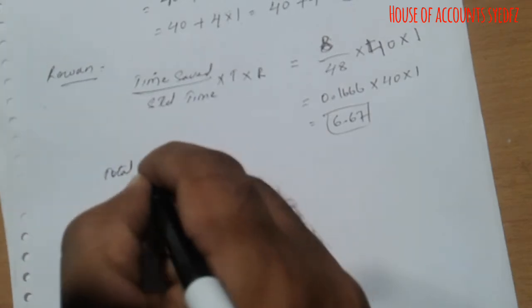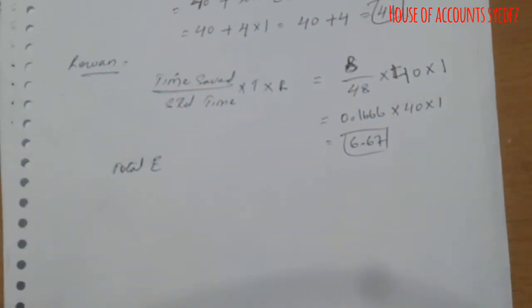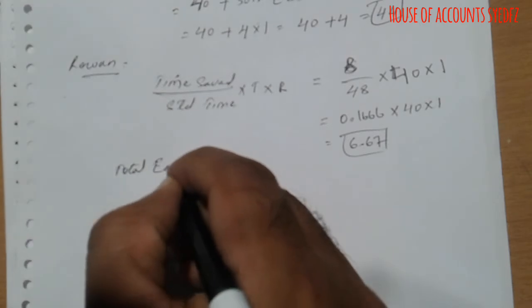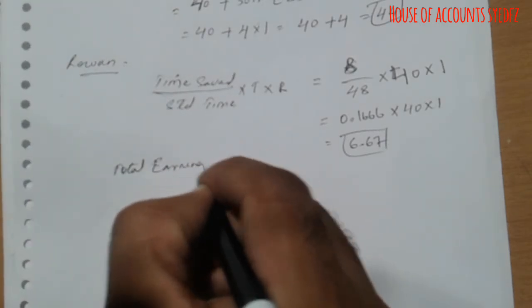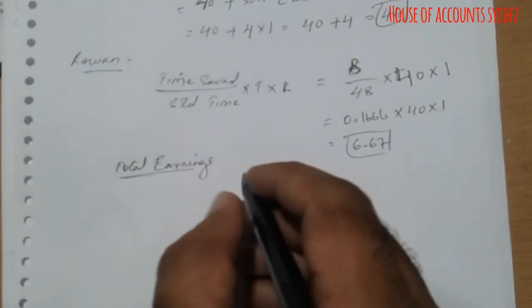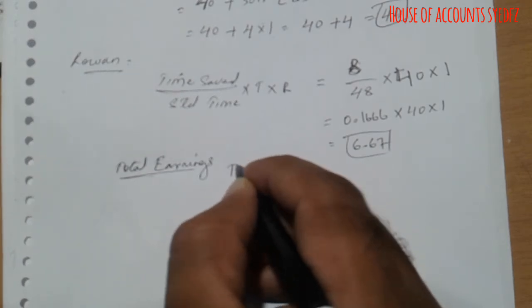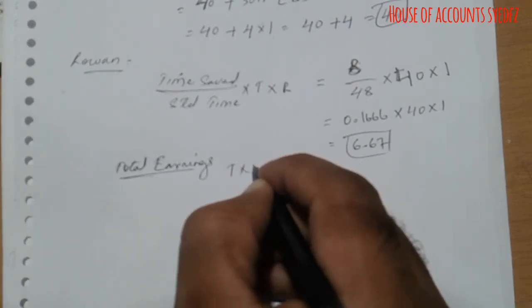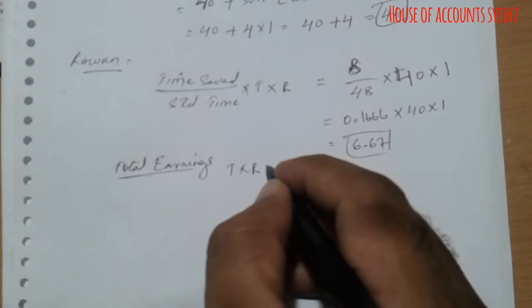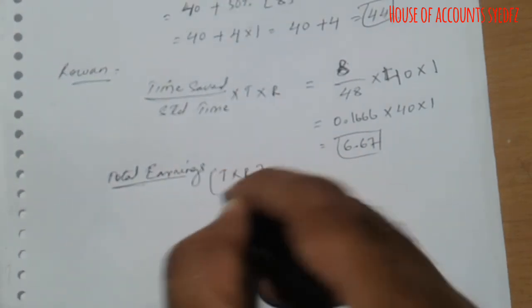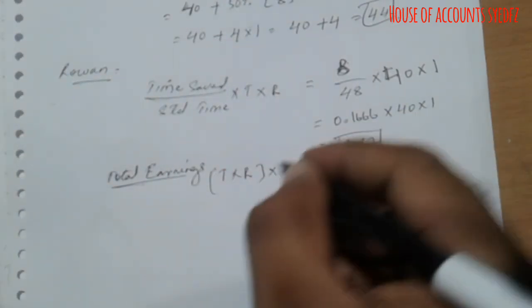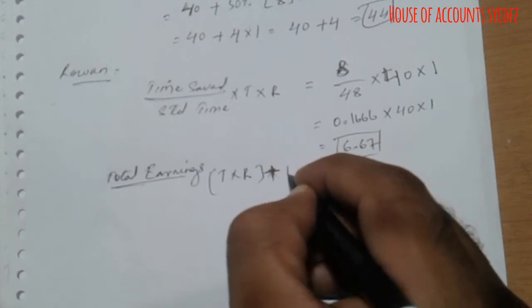Now the formula for Rowan's total earnings: time taken into rate per hour plus bonus.